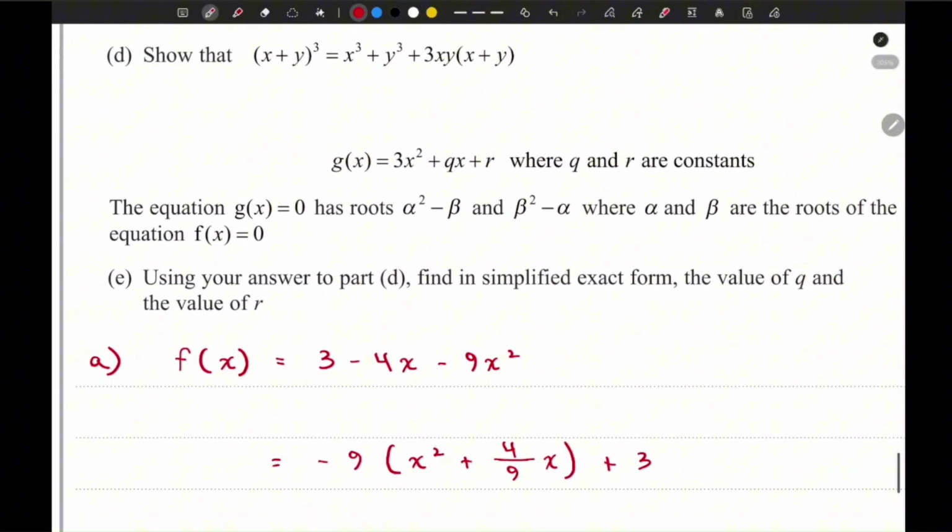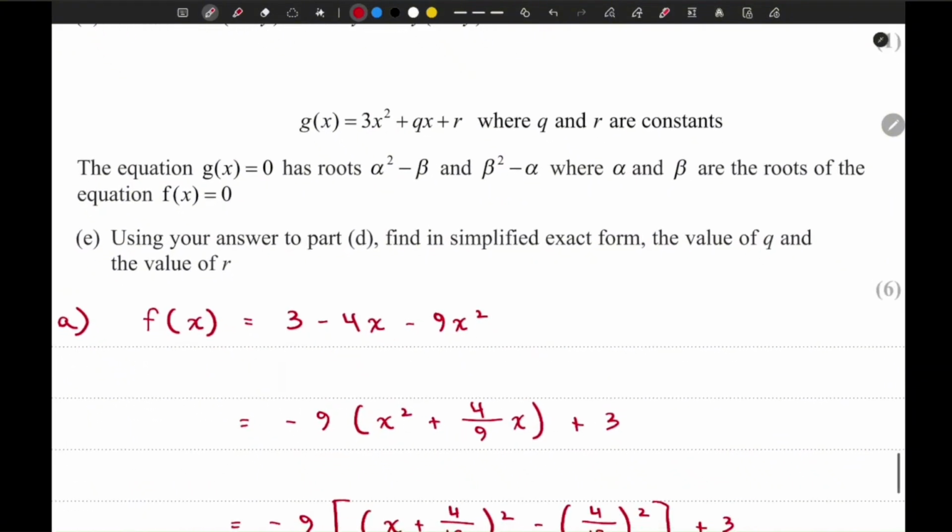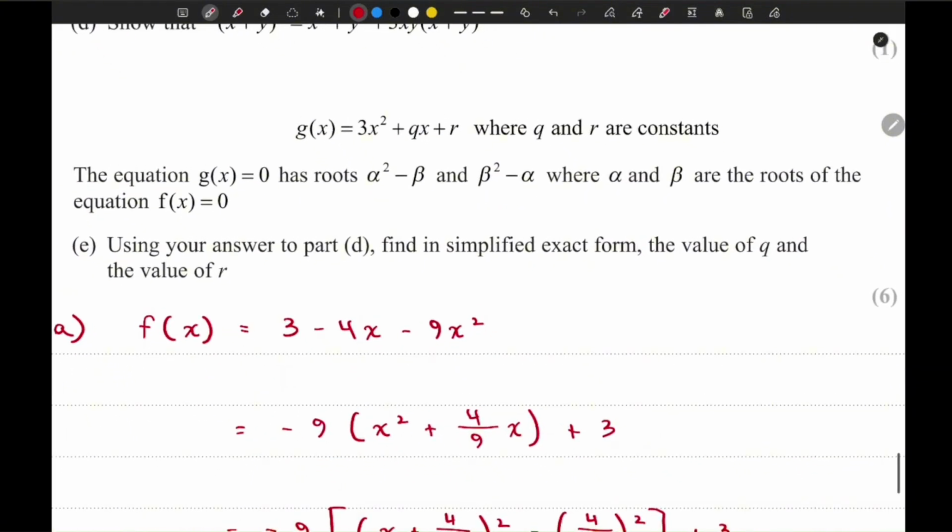The equation g(x) equals 0 has roots alpha squared minus beta and beta squared minus alpha. Using your answer to part D, find in simplified exact form the value of q and the value of r.